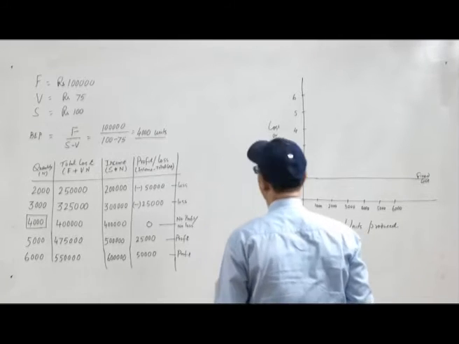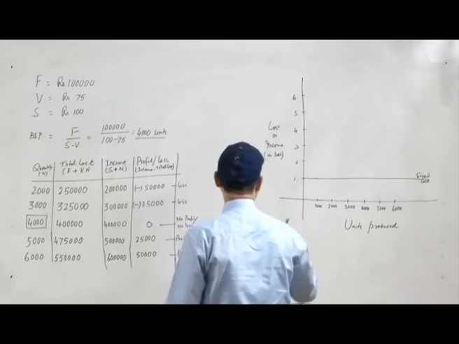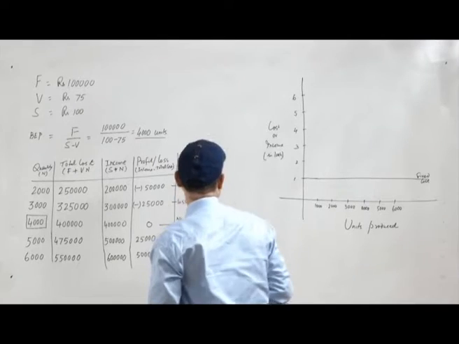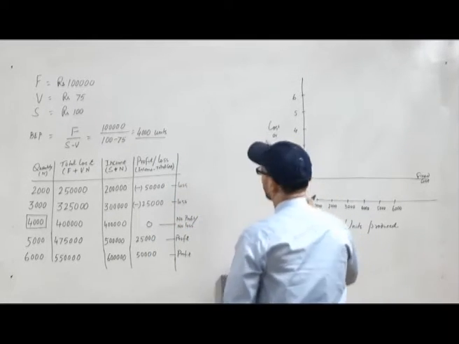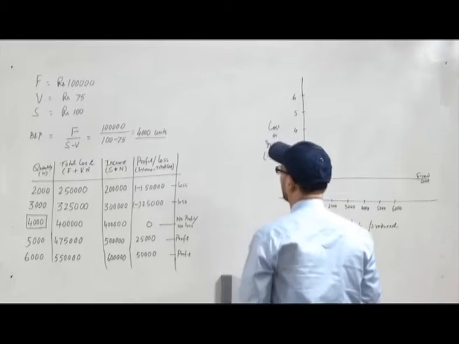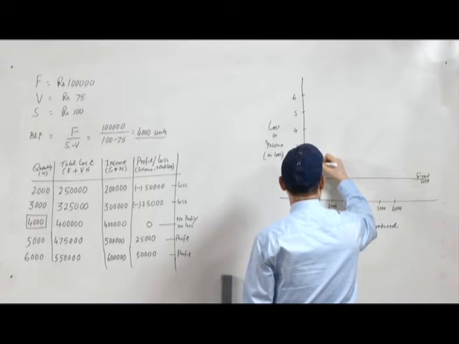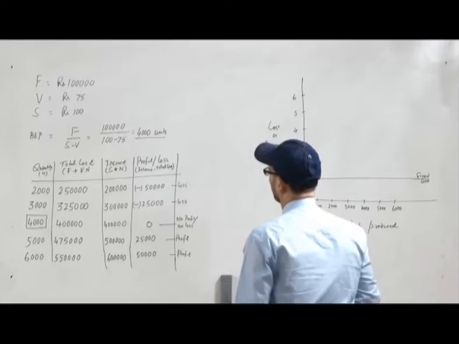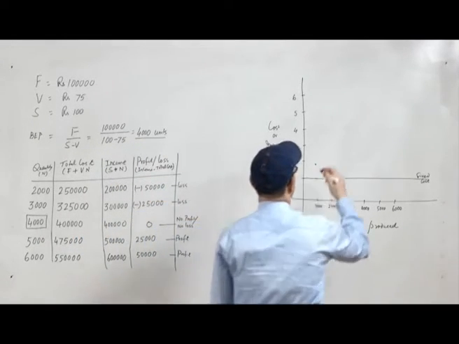Now, let us see total cost for 1000 units. Total cost will be fixed cost plus 1000 times 75, which is 1,75,000. So, it will be here. Then for 2000 units, the total cost comes out to be 2,50,000.